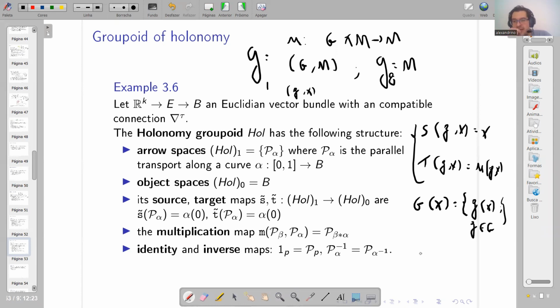Okay. And how can I translate this if I use this fancy language? Well, I could take the pre-image of this. If I take the pre-image, I get Ox. And then I apply the target.